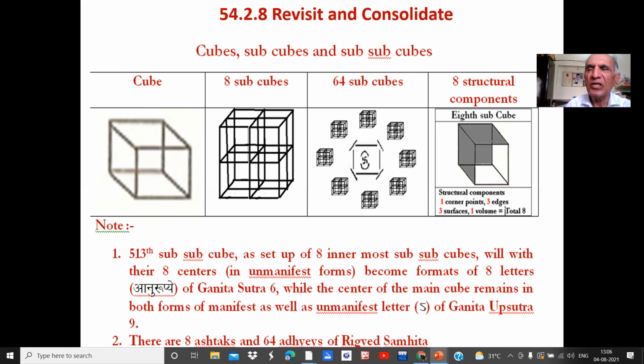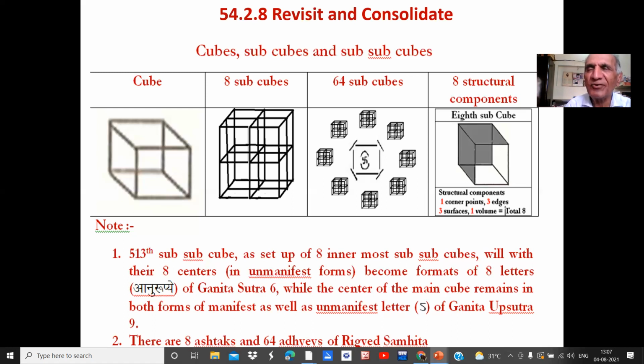Therefore, the 6th Sutra, Anurupe Shunyam Anyat, is having 8 letters in bracket. These 8 letters in bracket are of the format of existence of centers of 8 subcubes of 513th subcube around the center of the cube. And then the center of the cube itself is existing, is always in existence.